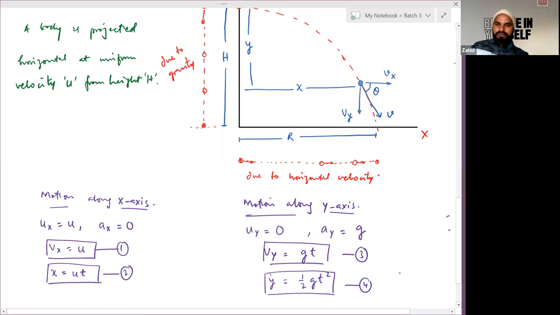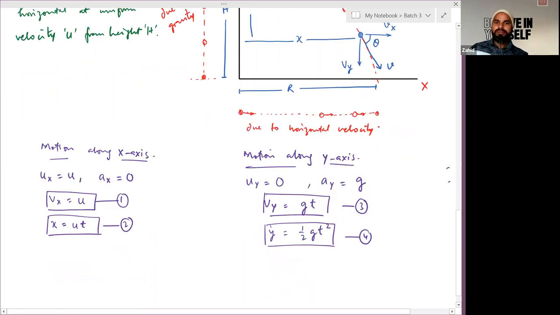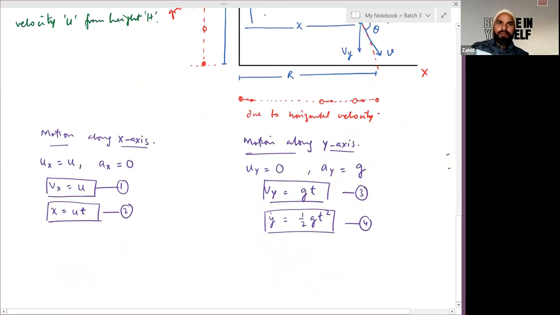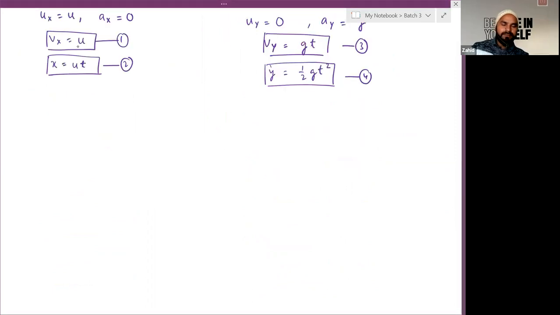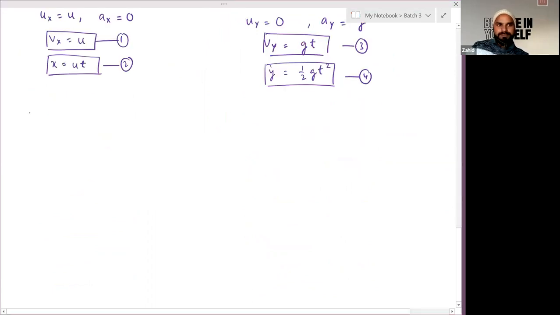Now, on the basis of these 4 equations, we have to define different terms related to this horizontal projectile motion. First is time of flight. The total duration of time for which the body will be in air is termed as time of flight. So put the value of y to be h in equation 4.